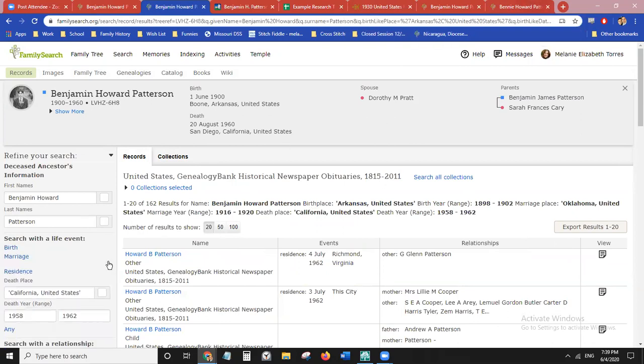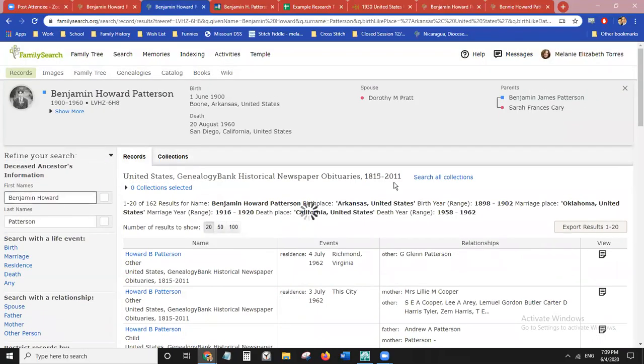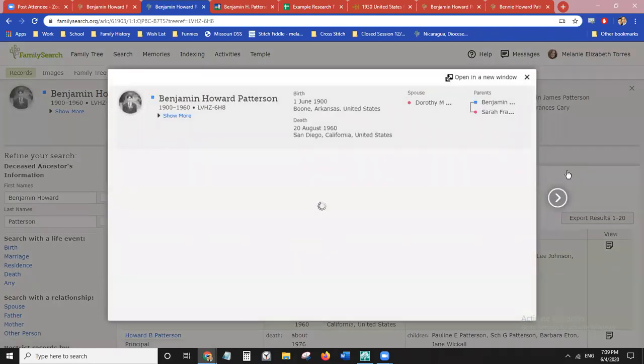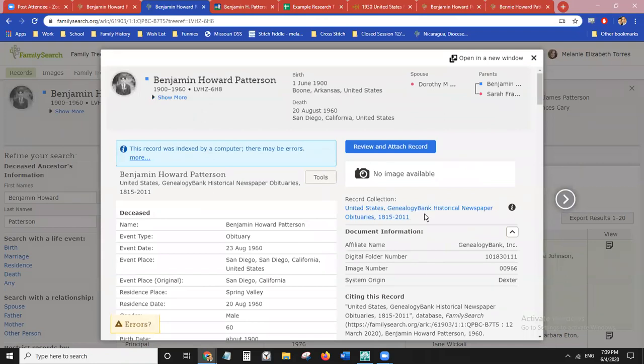If I get rid of all of this information right here, I just want to see if there's any Benjamin Howard Pattersons. There we go. So here's a newspaper record right here. There is an image available.